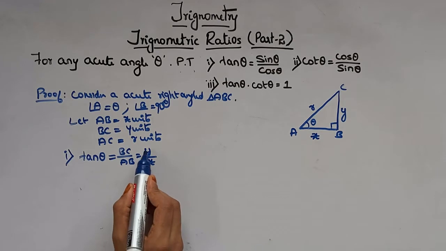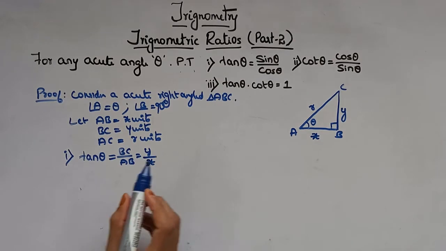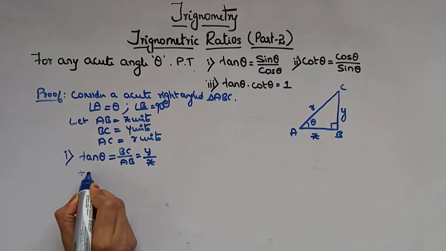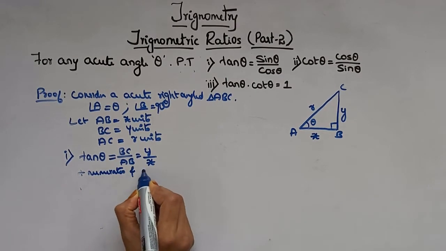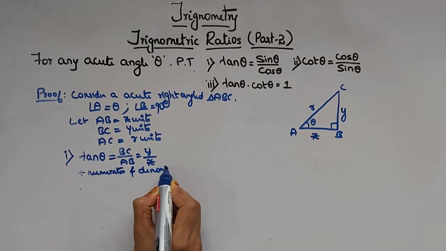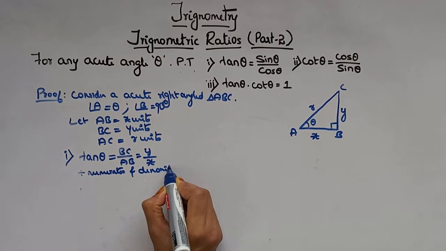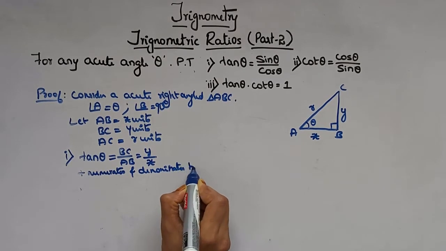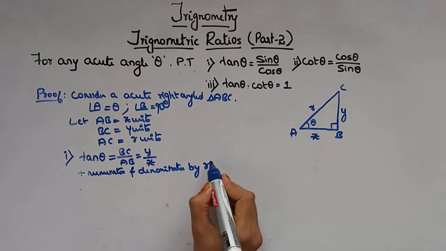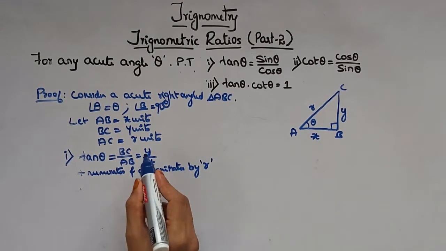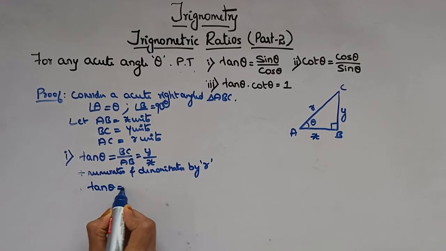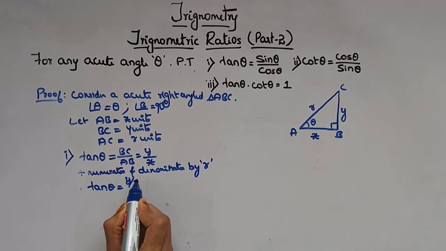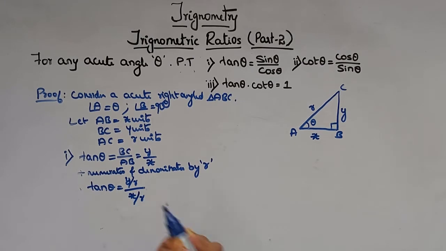So now let's divide the numerator and denominator by r, which will not make any change to the equation. So we have tan theta is equal to y by r divided by x by r.